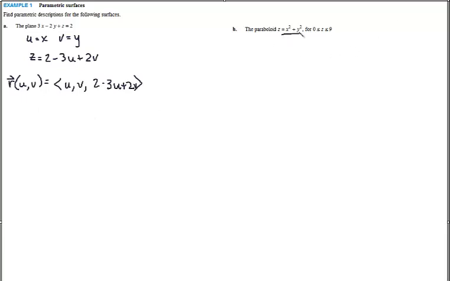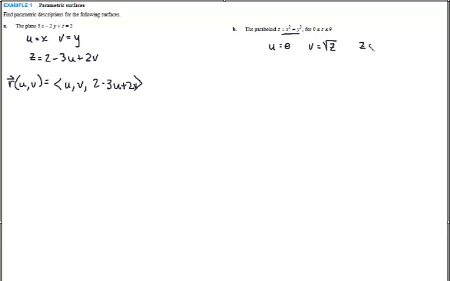Now, noticing this, I think I'd like to go to polar coordinates, in which case I'm going to let u equal theta, and for v you can either choose v to be square root of z, or you can say v equals z. I kind of like v equals square root of z. That way I'm totally in polar coordinates.